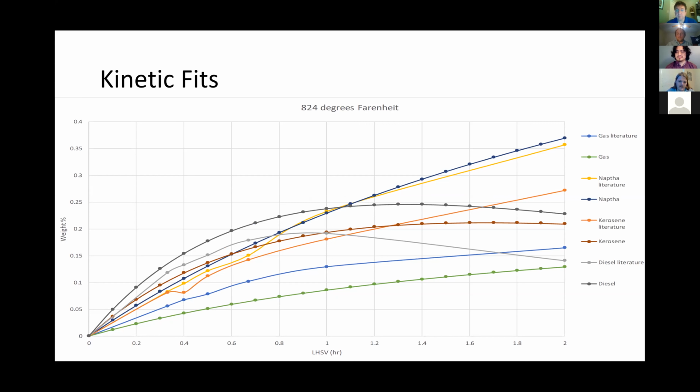Otherwise, if diesel and kerosene never showed a maximum, then when we went to optimize it, it would just tell us to continuously leave the chemicals in the reactor for as long as we could to get everything to react to VGO and diesel, and that wouldn't be accurate.